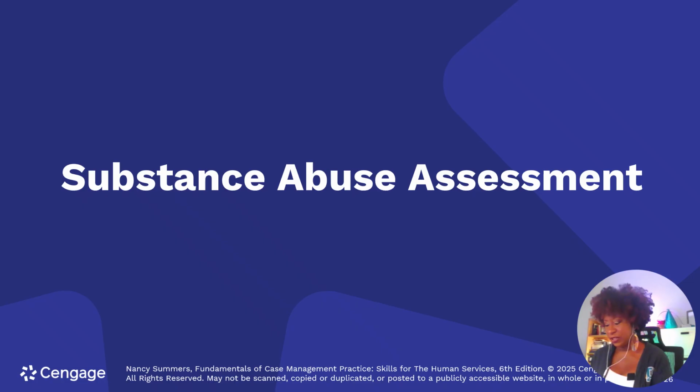So pretty much, if I was doing an assessment and there were no substance abuse issues, I would just draw a line through this page, which lets the person know that there were no issues, or just where it says substance abuse, put NA beside that title, which means there are no substance abuse issues. Okay.